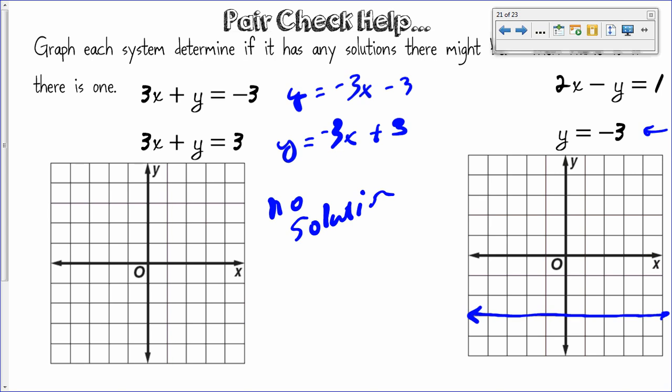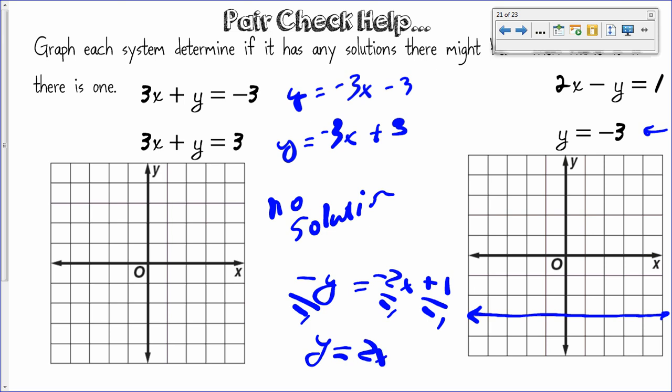Okay, then the other one. Negative y equals -2x plus 1, divided by -1. Two x minus 1.